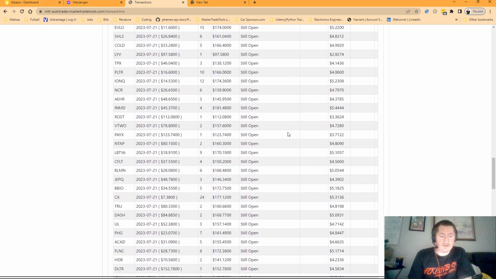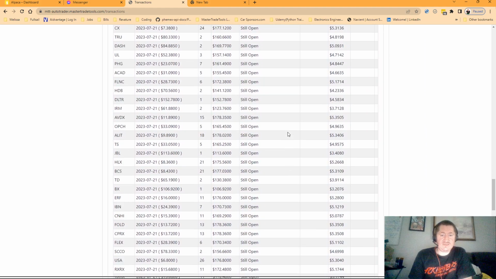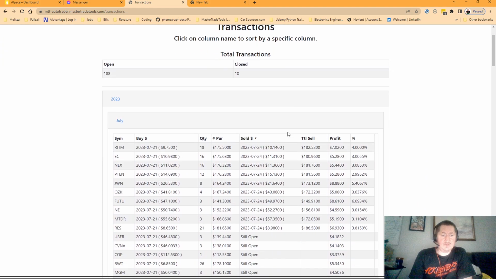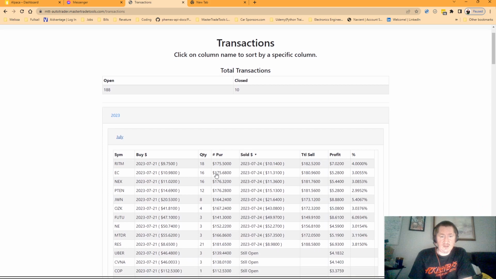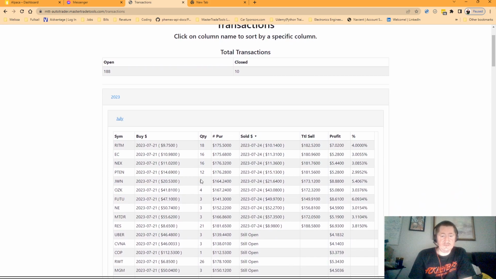Just like the open positions, these are collapsible tables by the month and by the year. That's pretty much what this is used for, so you can see the positions that were sold and the percentage you made on those positions.